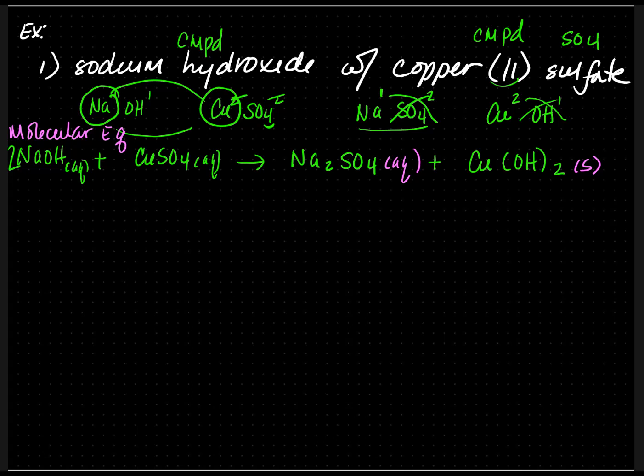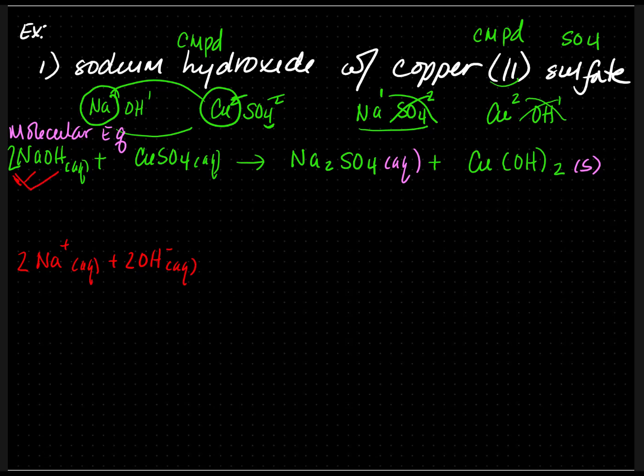So now everything that is aqueous, we're going to break it apart. So NaOH is a strong base and it's AQ, so we're going to break it apart. The two ions that make up sodium hydroxide is sodium, which is a positive charge. It's aqueous. There's two of them because you have a coefficient of 2, plus 2OH minus AQ, because there's a coefficient of 2, so that's 2 times 1.